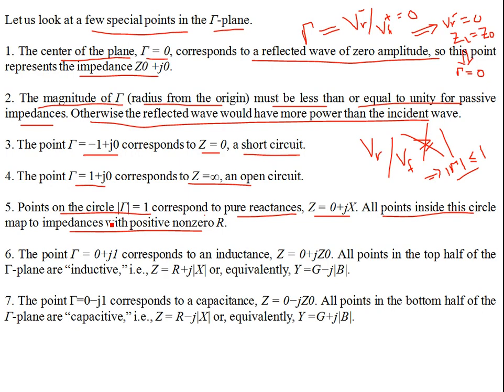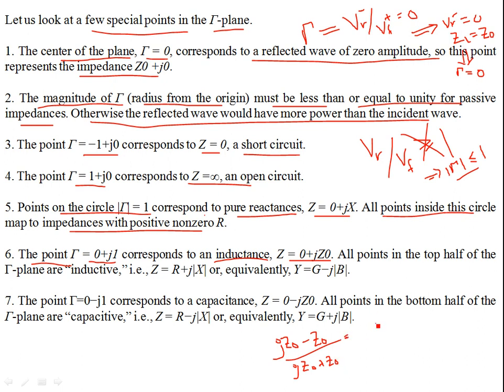Then the sixth point is that if gamma is equal to j1, then this corresponds to an inductance, which means Z equals 0 plus jZ0. If you have an inductive load, jZ0, then (jZ0 minus Z0) over (jZ0 plus Z0), the magnitude of this is equal to 1 again.